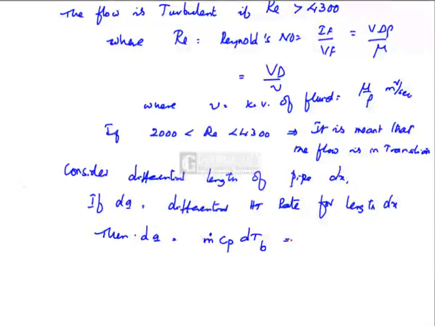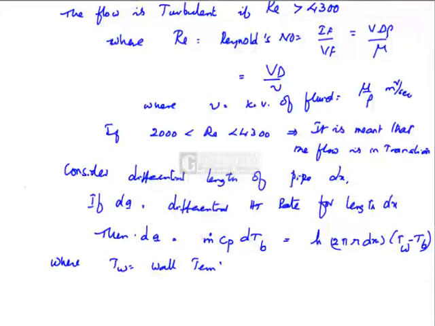If you integrate that, you will get h 2 pi r dx, that is a flow area, into T wall minus bulk mean temperature, where Tw is equal to wall temperature, Tb is equal to bulk mean temperature.